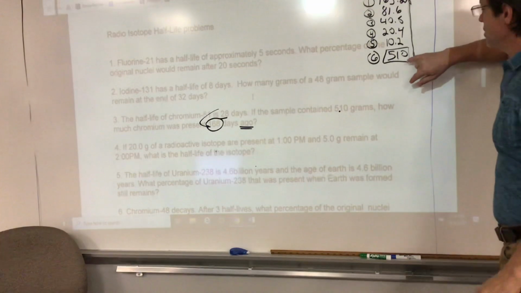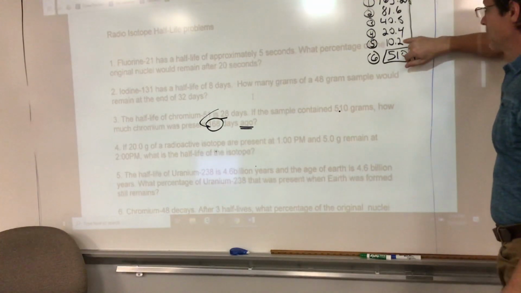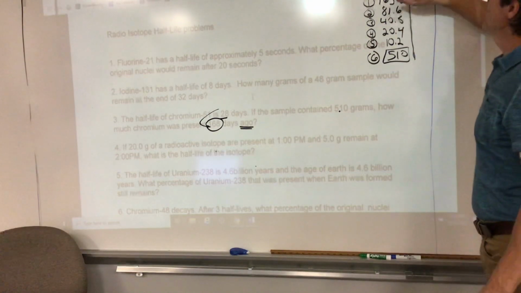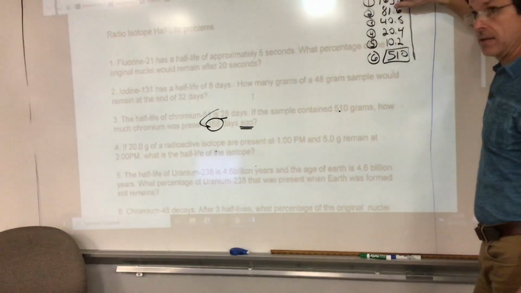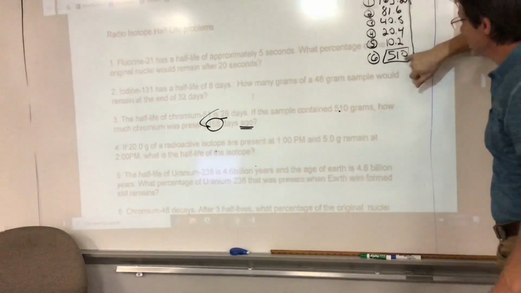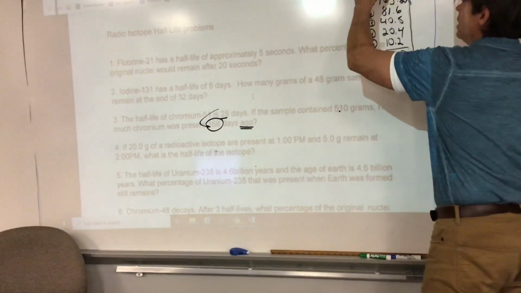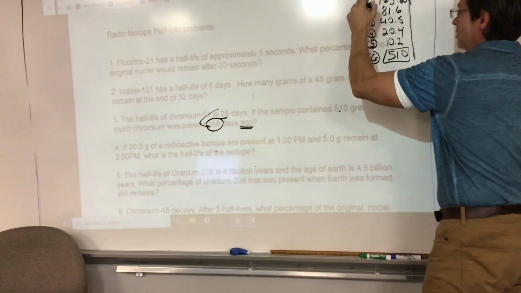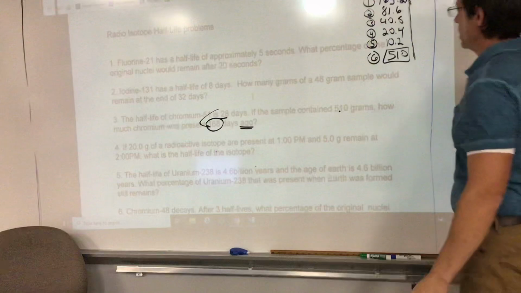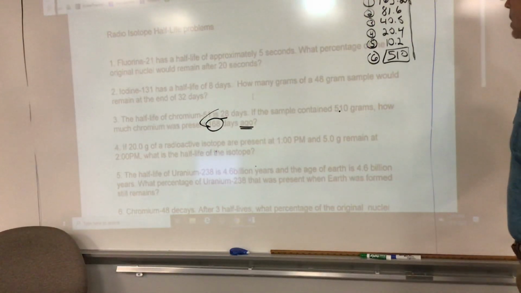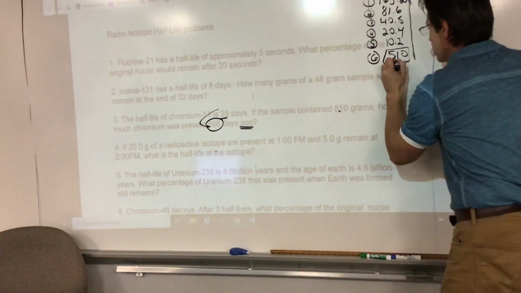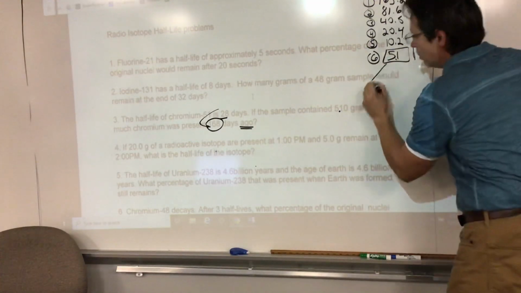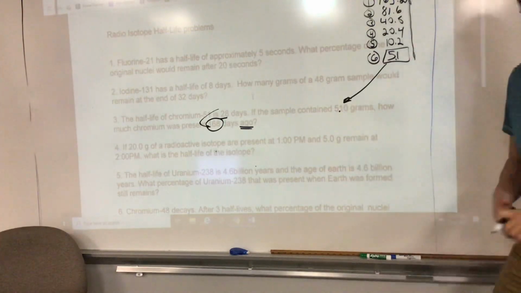So if I was here, I times it by 2 for each half-life, 6, 5, 4, 3, 2, 1, and then back to the original. That's where I would have got the 5.1 grams, which was here. Okay, so that was number 3.